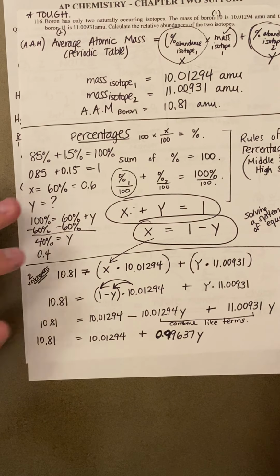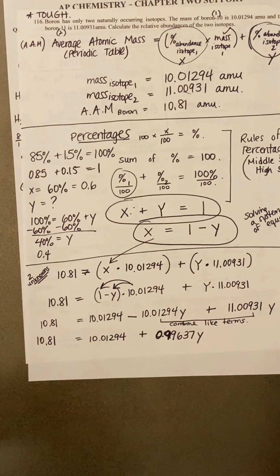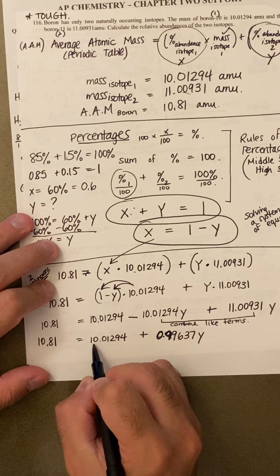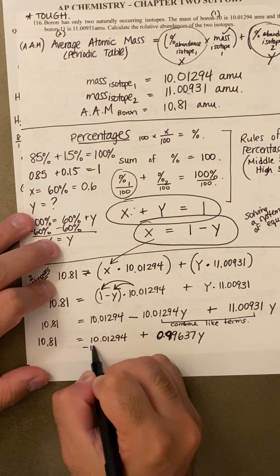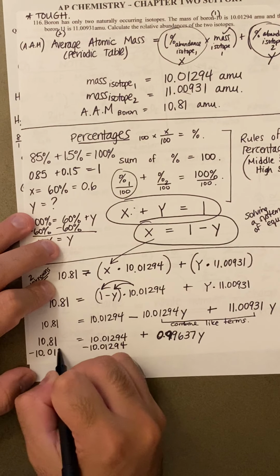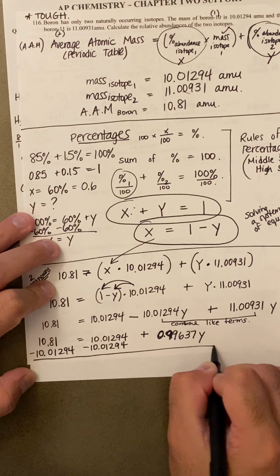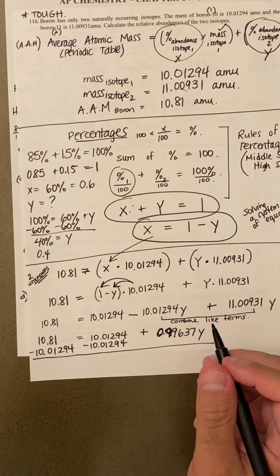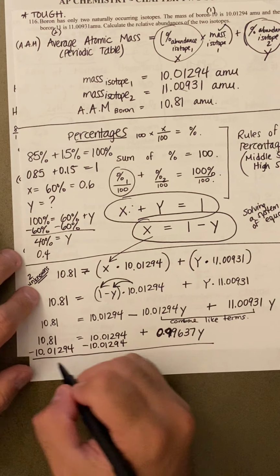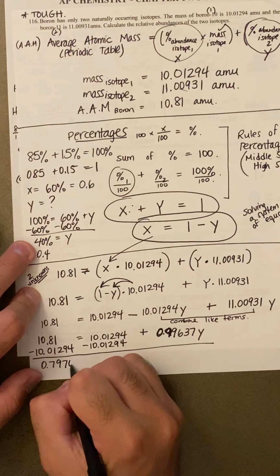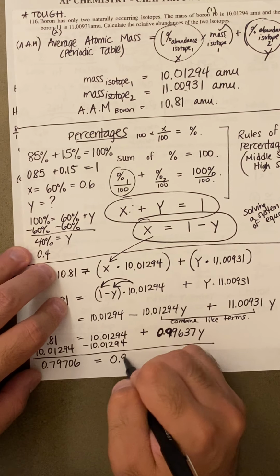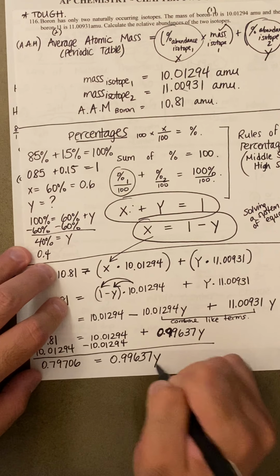Okay? Now I'm going to try to solve for y, just like I would be solving for x in a similar way. I want to try and isolate y. Well, I got this 10.01294 over here. Let me subtract this from both sides. If I do that, I get 10.81 minus 10.01294, and I get 0.79706 equals 0.99637y.